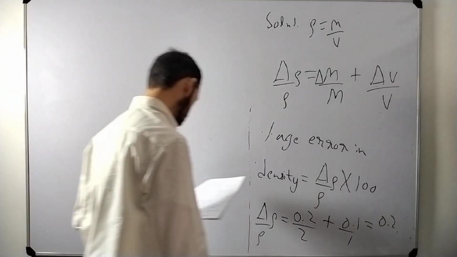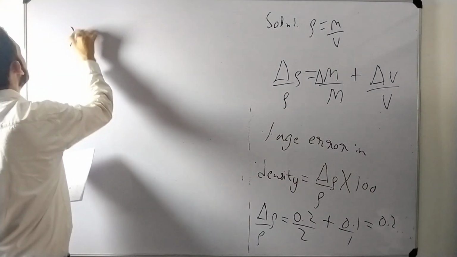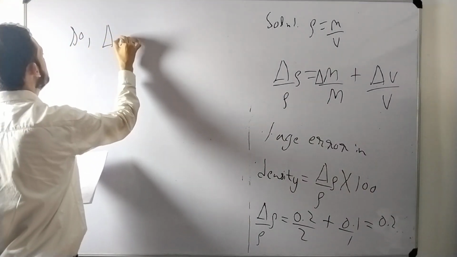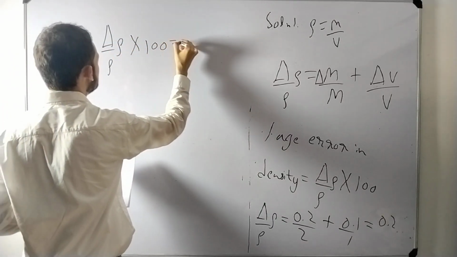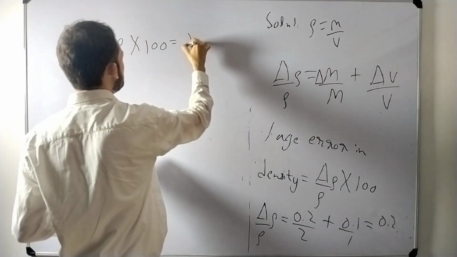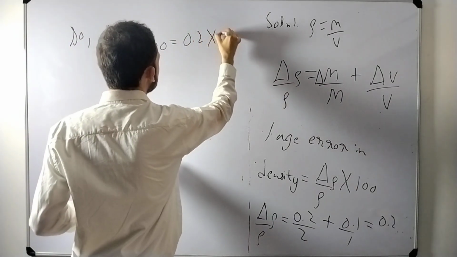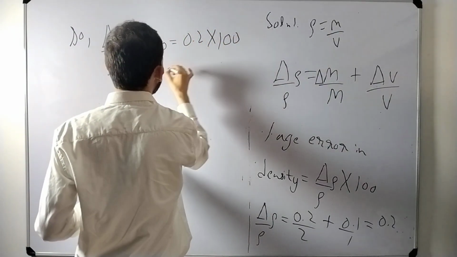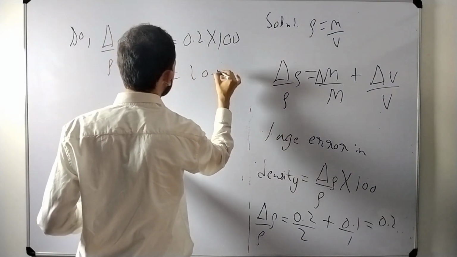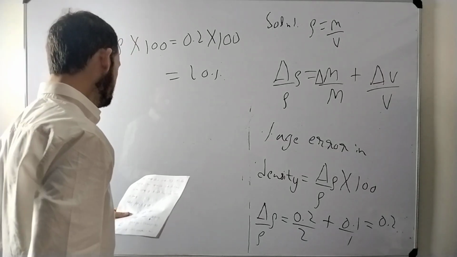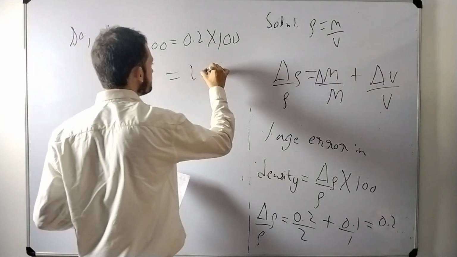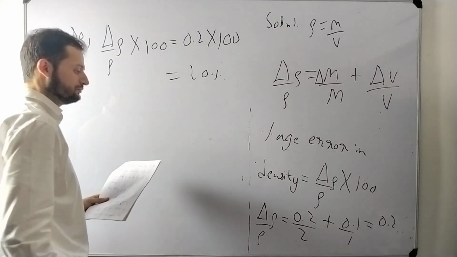So, del rho upon rho into 100, this makes, students, what? So 0.2 was this value in our 100. So this makes 20%. So this is the percentage error in density, sir. Nice. Good. Nice work.